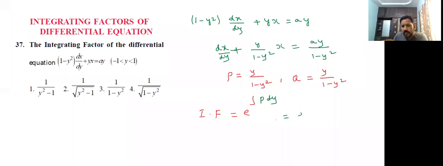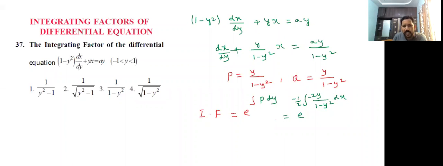Substitute: e power integration y by 1 minus y square dy. How to do this, students? The derivative of 1 minus y square is minus 2y. Here minus 2 is not there, so divide by minus 2 and multiply by minus 2.